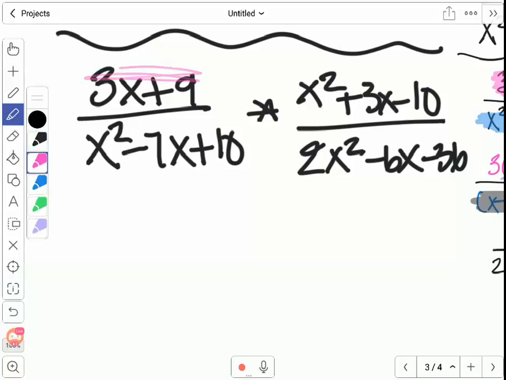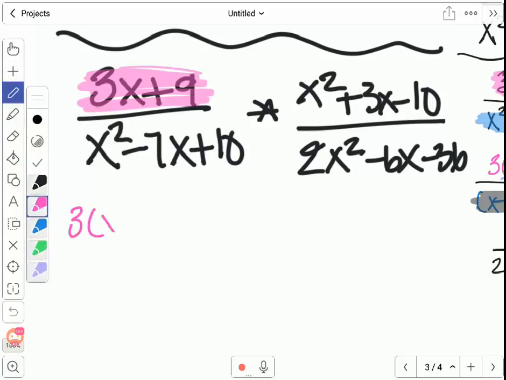So I'm going to go through again. I'm going to factor just like I did before. That's not going to change. So we have 3x plus 9. I can factor 3 out, and I'm left with x plus 3.